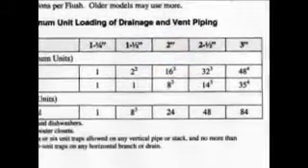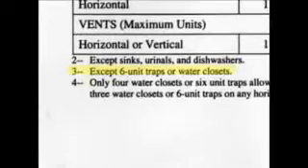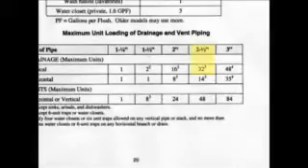But note that there's a little 3 right next to 16. We read that footnote, it says except 6-unit traps or water closets. So that means we have to jump to our right to the next size. At 2.5, we still have that same footnote.